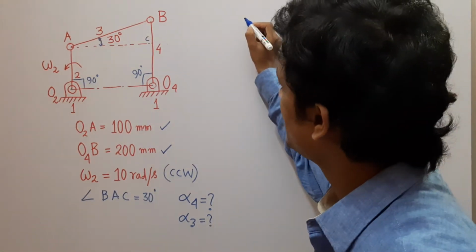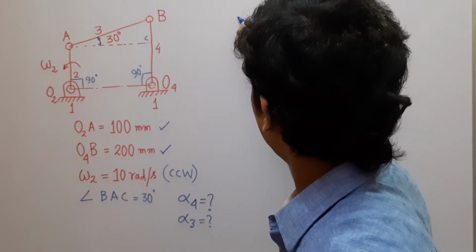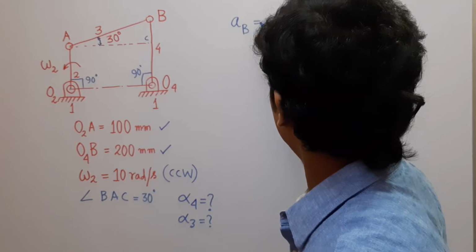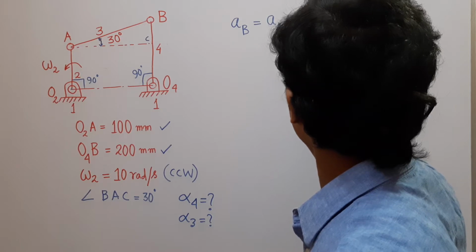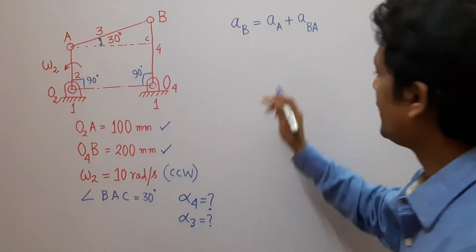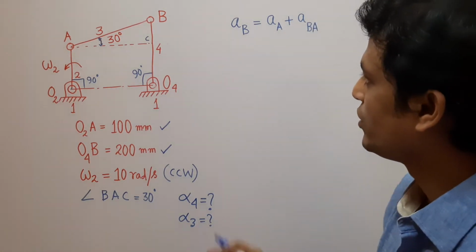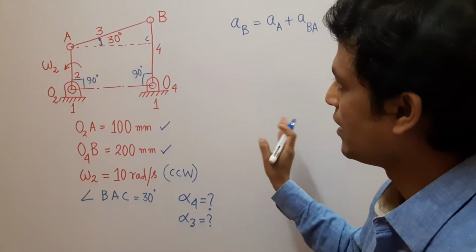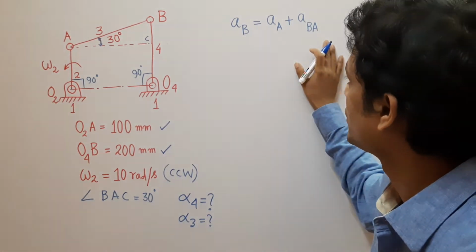Similarly, like the slider crank mechanism, we will write an equation of acceleration, that is AB is equal to what? AA plus ABA, and here is no Coriolis component of acceleration because no slider is sliding along an oscillating link, so there will be no Coriolis component of acceleration.